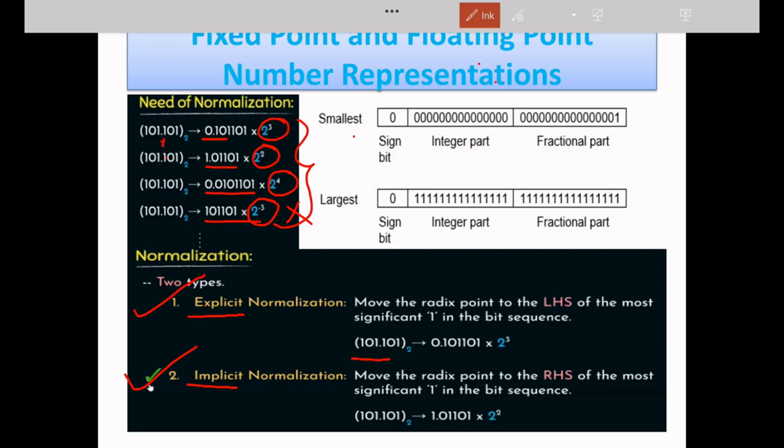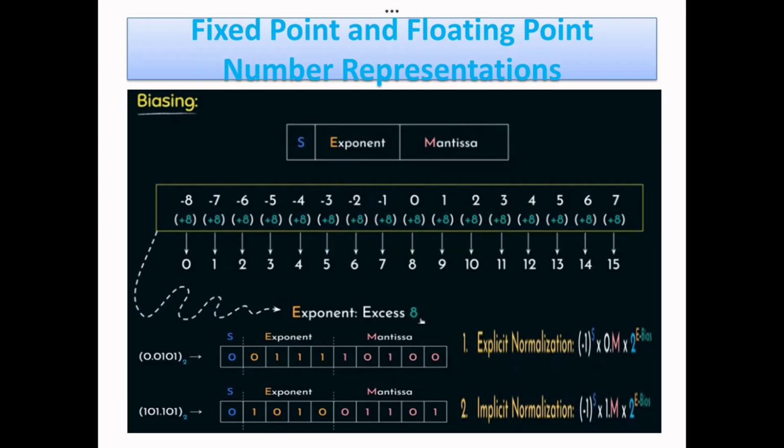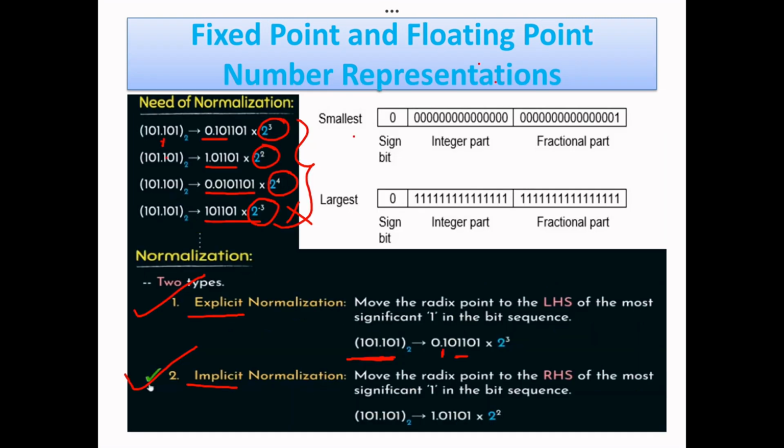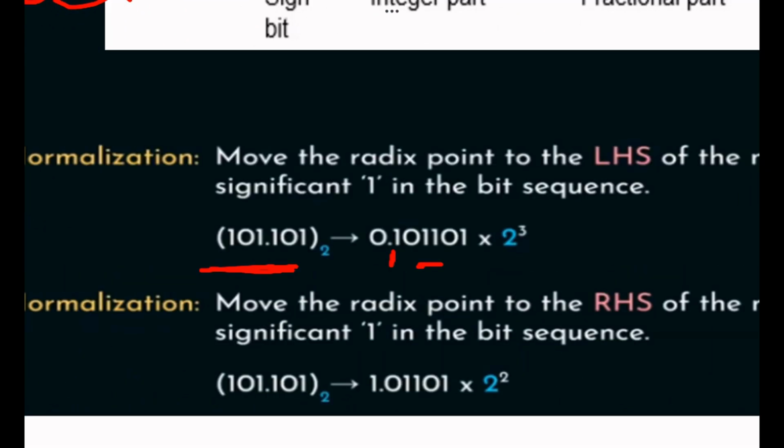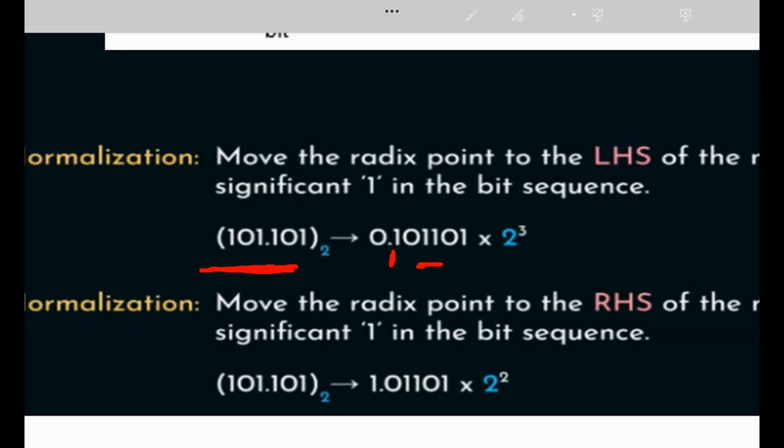Now you can see you have the number 101.101, the same 5.625 number, and what we are doing is placing the radix point before all the bits. So the radix point is placed at this position.